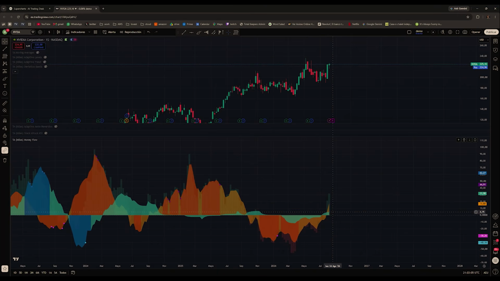But this is not entry or sell signals. This is more, let me take a look at the macro situation without having a specific tool outside of TradingView to look at it. It's a contextual indicator. You look at it if you're trying to get context. You don't look at it to execute a trade.